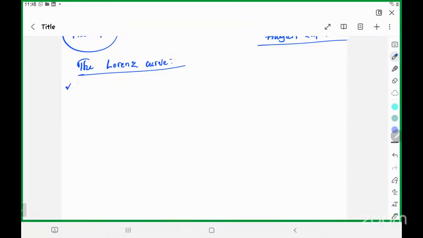We are saying that this is a cumulative frequency, a cumulative percentage.